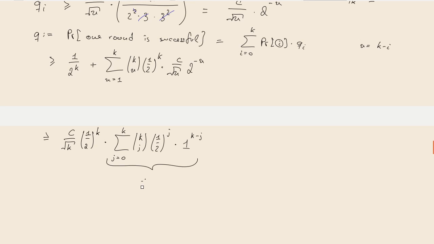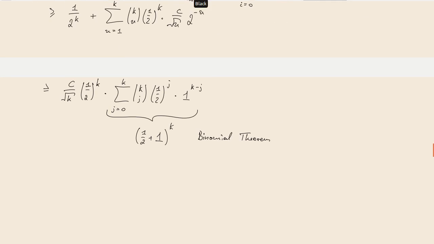That's nothing else than 1/2 plus 1 to the k. And if you apply it backwards, that's maybe the way you know it. That's the binomial theorem, often a useful step to simplify such sums.